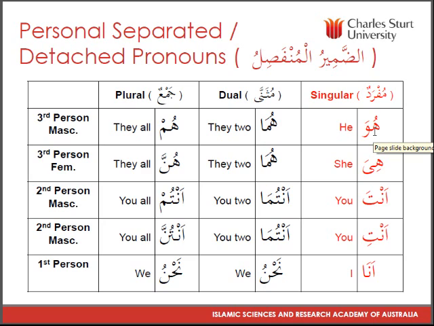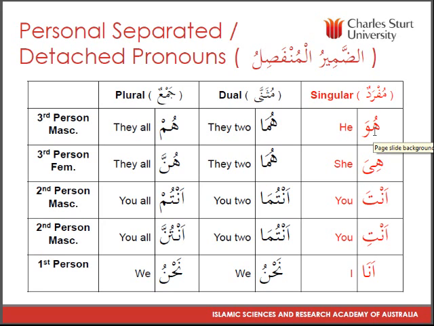But you should understand; just memorizing is not enough. When I say huwa, it is singular, masculine, and third person. When I say hiya, it is feminine, also singular, and also third person. When I say anta, it means you. You are in front of me. You are present.